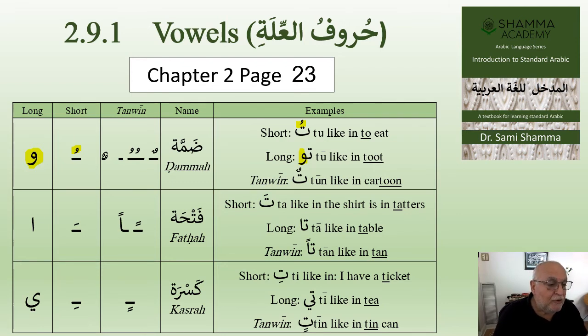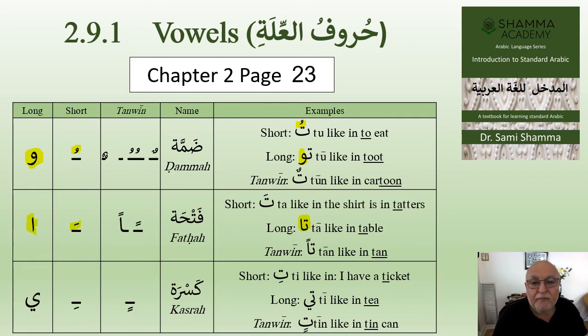And we will talk about tanween in another video later on. So the oo sound becomes an u, the a sound becomes an a. For example, ta, as in tatters. You don't say tatters, you say tatters. A long ta, where we spend an actual complete vowel, will be like table.